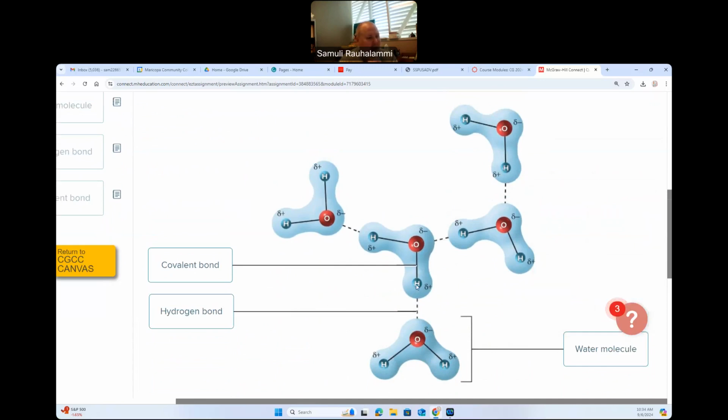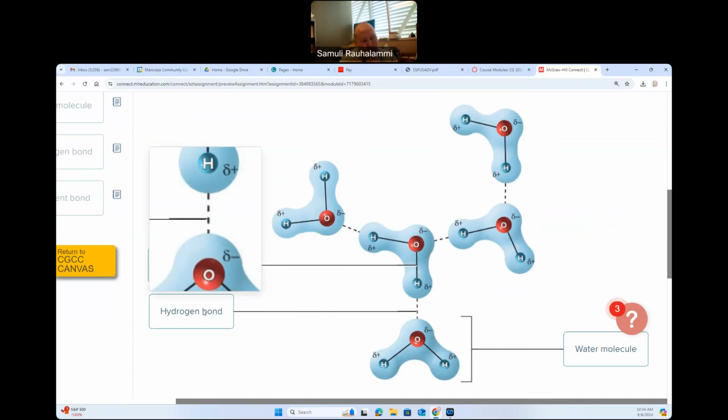Then we're being asked what type of a bond do we have between oxygen and hydrogen here in a single water molecule? And we're going to end up seeing that it's going to be a covalent bond. Finally, we're being asked what type of bond do we have between different water molecules from one charged end to another charged end, and these would be our hydrogen bonds.